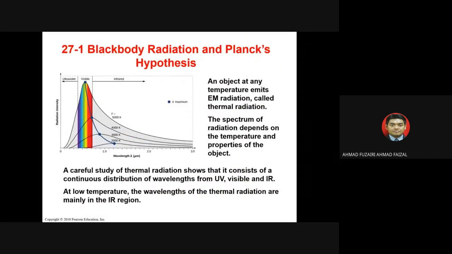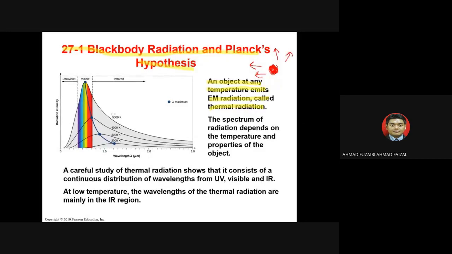Now let's look at 27.1, blackbody radiation and Planck's hypothesis. An object at any temperature emits electromagnetic radiation called thermal radiation. Any object, for example this ball, emits thermal radiation.